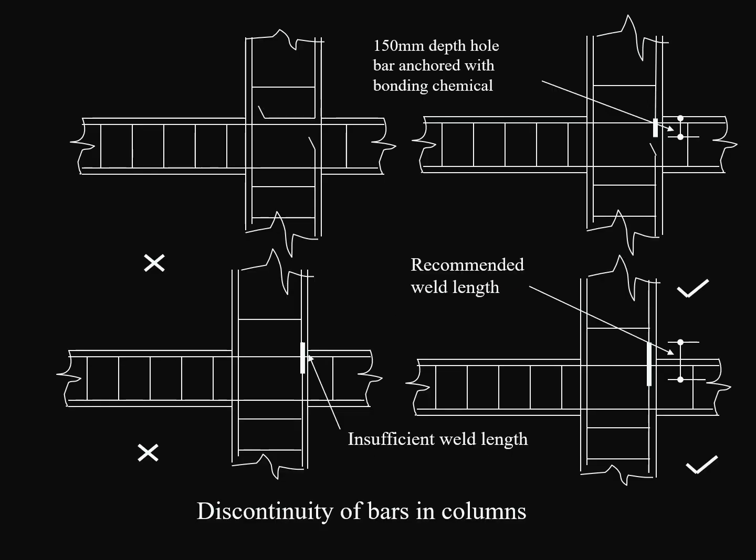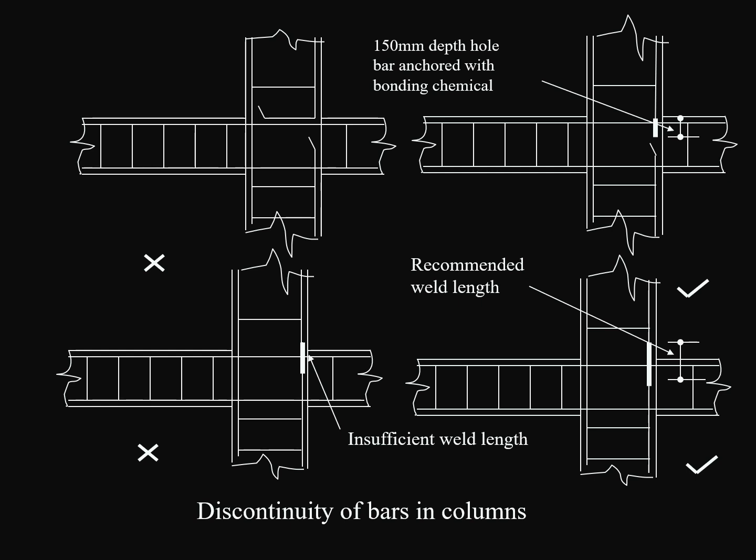Discontinuity of bars in columns. See the left section, what I have shown: the bars are not continued. They are simply bent and continued for columns in the upper floor, which is not correct. And if they are welded, they are not sufficiently welded, which is also wrong. Whereas in the right side sections I have shown the bar should be anchored minimum 150 mm depth, bonded with chemical, and the recommended welding length should be provided to extend the bars.